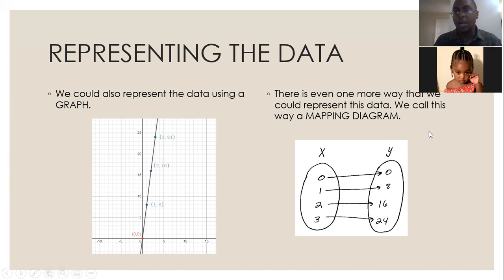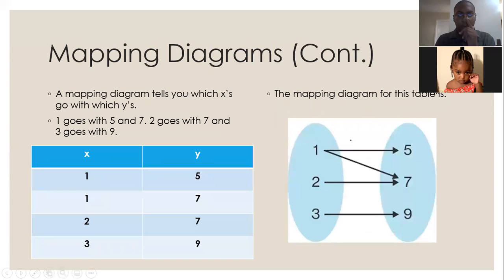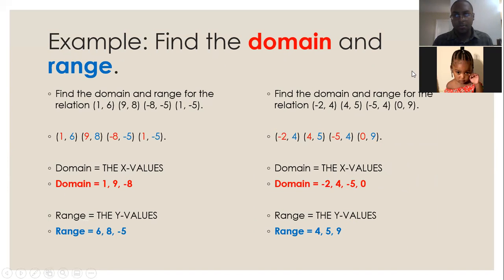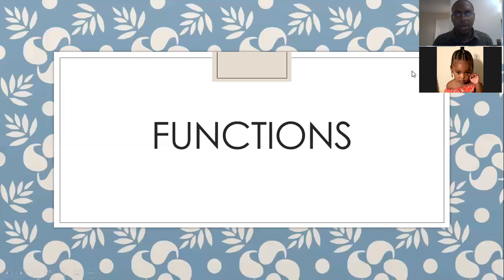Yes. All right. Then we talked about the same idea: what goes with what? That's basically all we're doing. Domain and range we did. All right, now we're back on the functions.